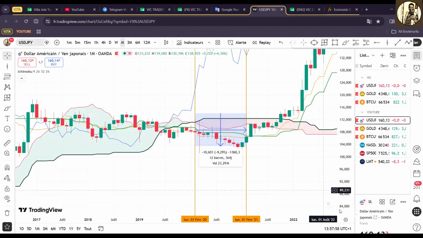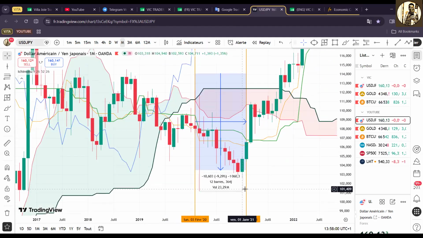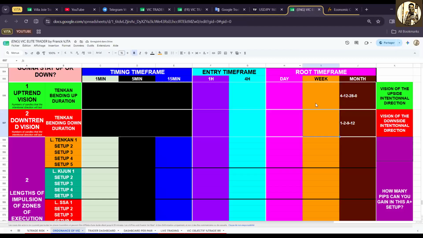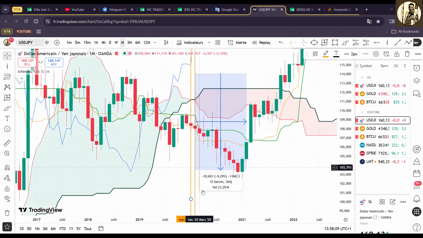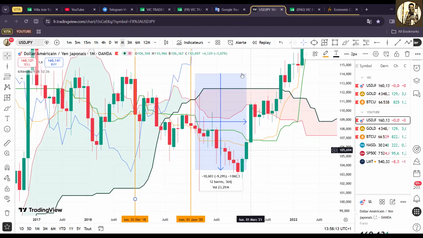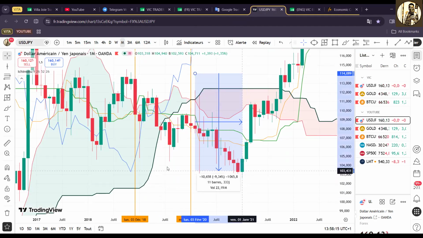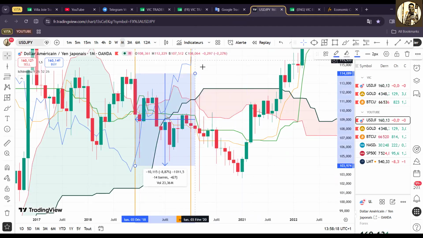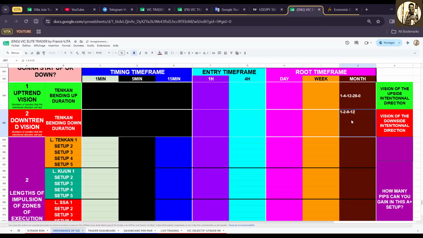Then this small uptrend lasted only 1 bar, so I'll write 1 here. And then this whole downtrend started from this point. It is 13 bars. That is the downtrend.